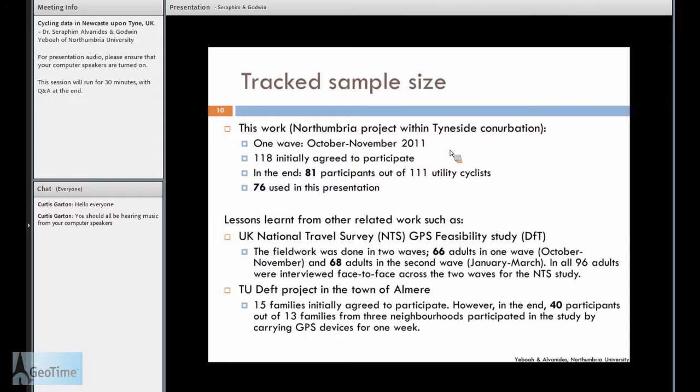As you see, there are 111 cyclists qualified after the screening based on mainly utility cycling definition and the possibility of getting GPS traces within the study area. I will talk about the fieldwork process in the next slide, but in all, 81 cyclists participated, and data from 76 is being used for this presentation.